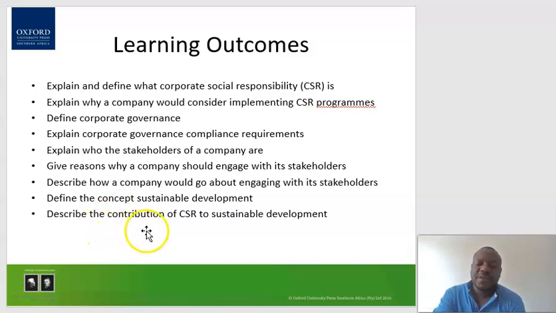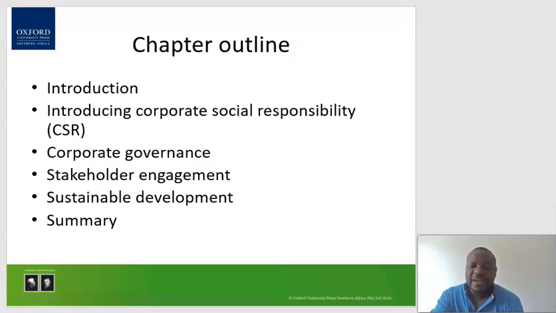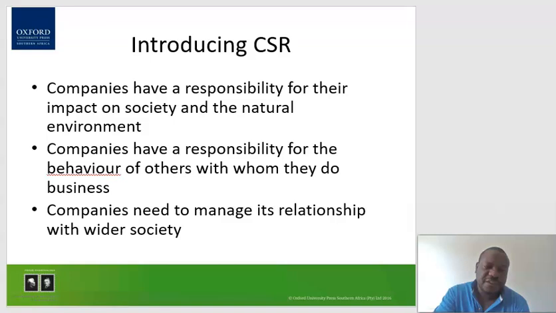We should also be in a position to describe the contribution of CSR to sustainable development. This is the chapter outline that we will follow. Basically, introduction to corporate social responsibility, corporate governance, stakeholder engagement, sustainable development, and that will be the end of the chapter.